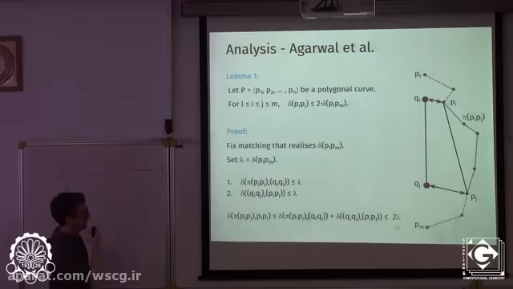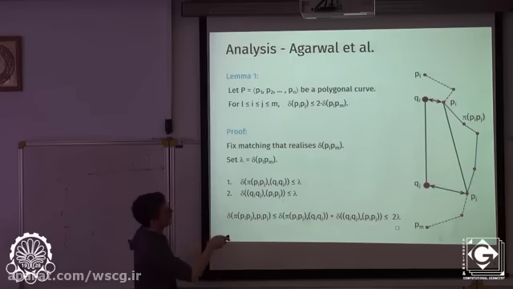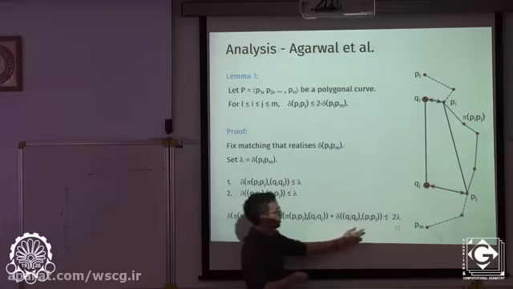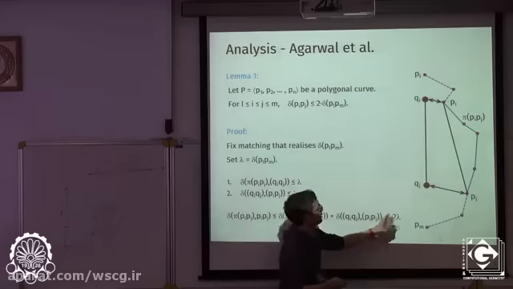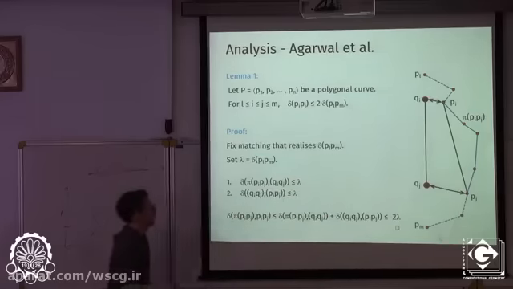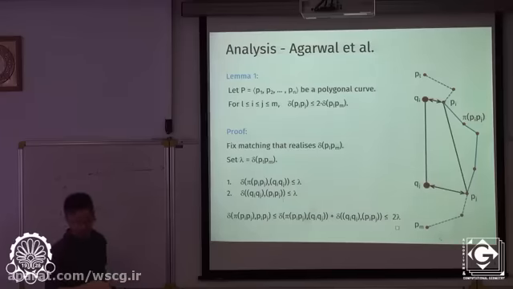And then we can use the triangle inequality, because now I know that the distance from this segment to the subcurve is at most the distance from this segment to this segment, plus the distance from this segment to that subcurve. And since both of those distances were smaller than lambda, my distance from the subcurve to the segment is at most 2 lambda.